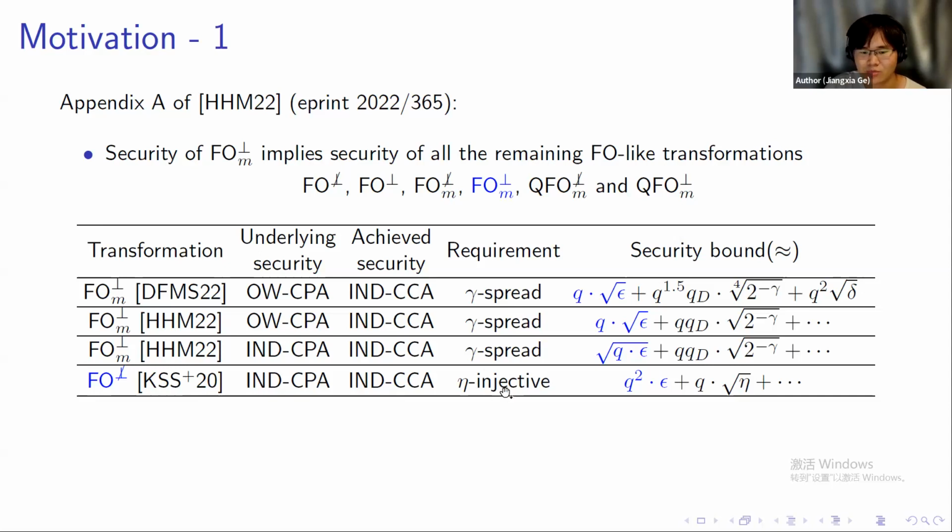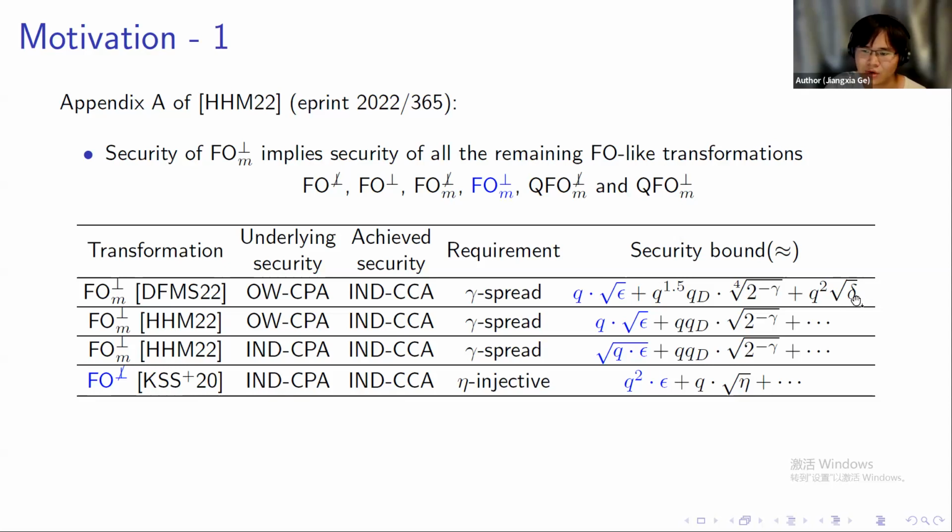The anti-injective property requires that the underlying encryption algorithm is almost injective. The delta here is the correctness error of the underlying PKE scheme, that is, the probability of decryption failure for the ciphertext generated by the underlying encryption algorithm.